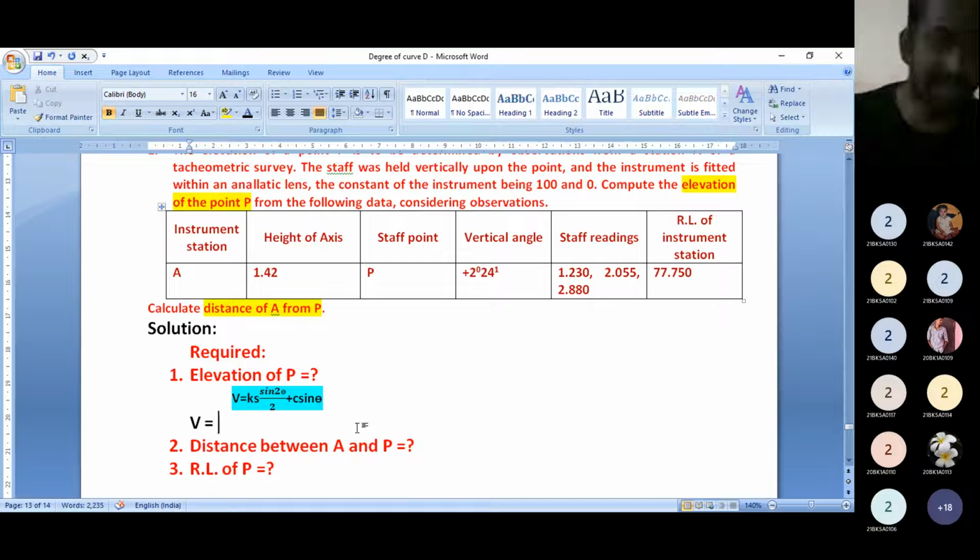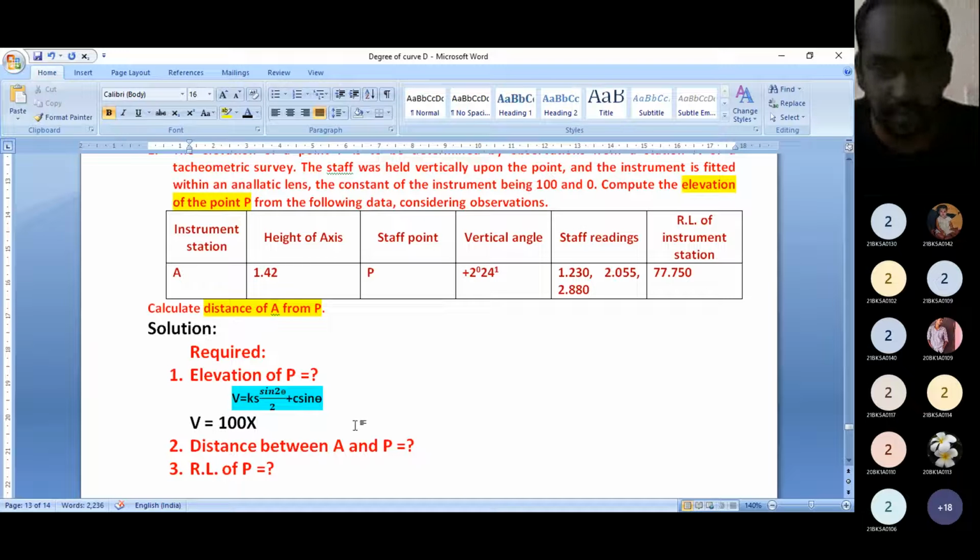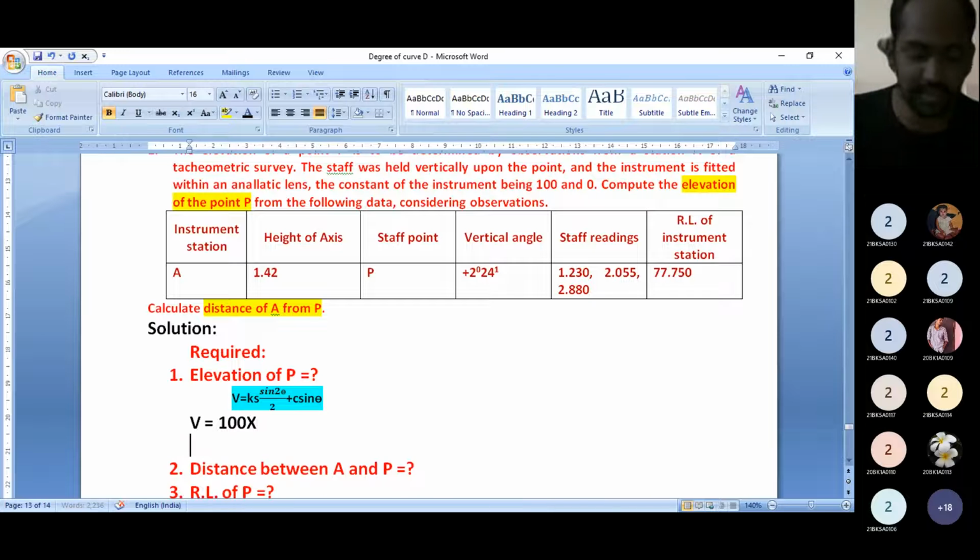K is the multiplying constant. Always the K value will be taken as 100. Now 100 into S. What is S here? Stadia intercept means S. S can be taken as top reading minus bottom reading. What is the top reading here?